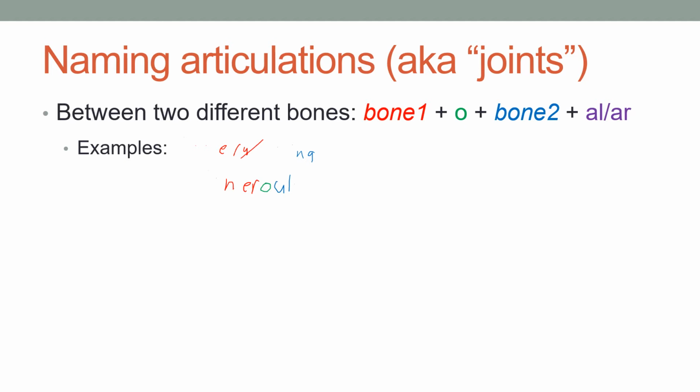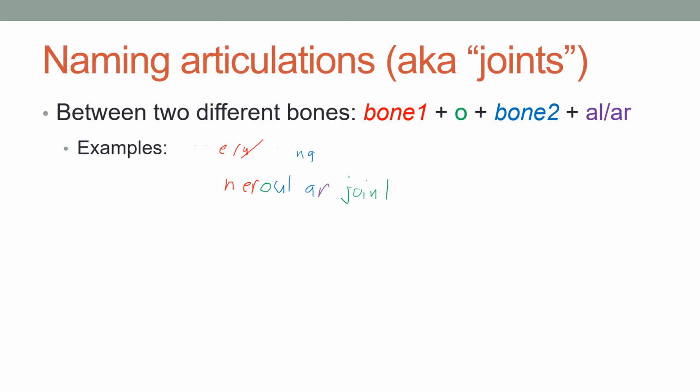So ulna happens to get converted to ulnar. Okay, so humero-ulnar is our name for this joint. Then we just stick the word joint at the end of it.